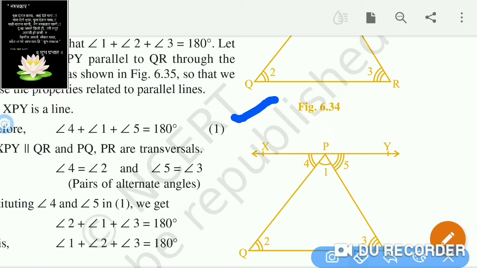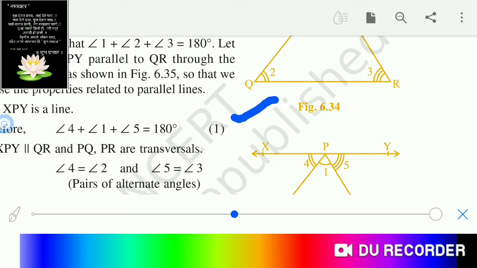That is the straight angle property, otherwise we can use angles in a linear pair.